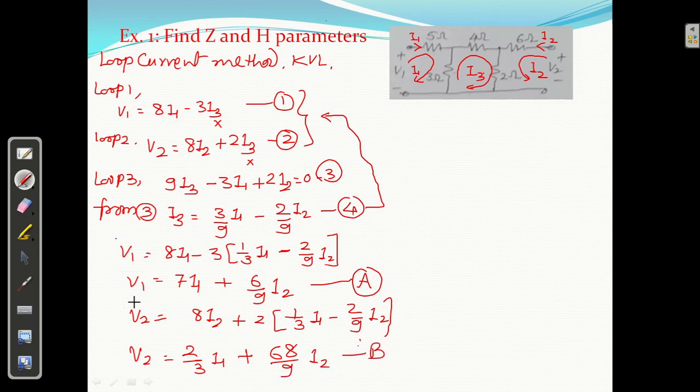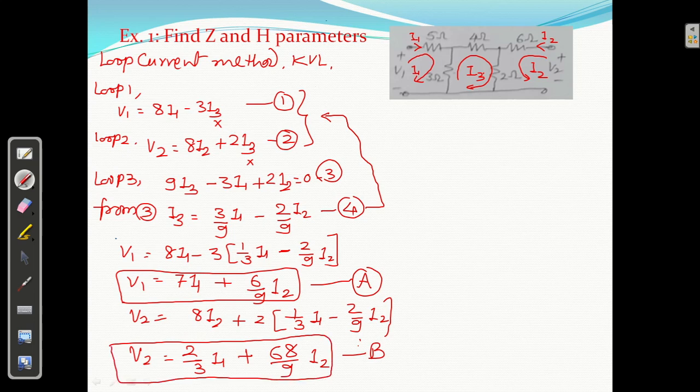So I got these two equations, right? These two equations I am getting v1 and v2 in terms of i1 and i2. Okay, so I am getting this 2 by 3 i1 plus 68 by 9 i2. Okay, so we know the standard equation of Z parameter.